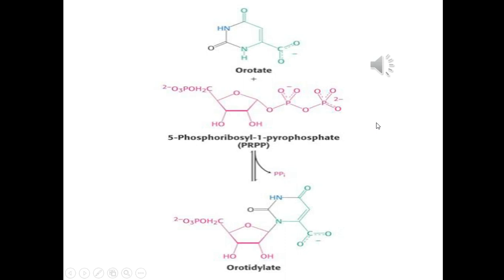This slide shows the formation of orotidylate. After synthesis of orotate, it will react with phosphoribosyl pyrophosphate. This reaction, catalyzed by the orotate phosphoribosyl transferase enzyme and accompanied by hydrolysis of pyrophosphate, leads to the formation of orotidylate.